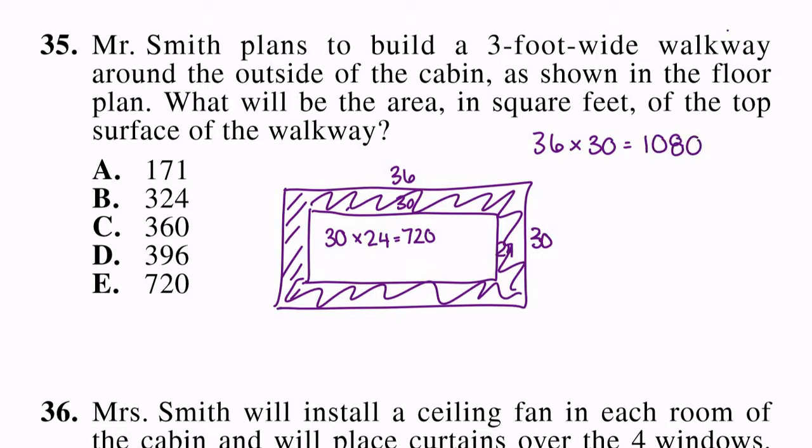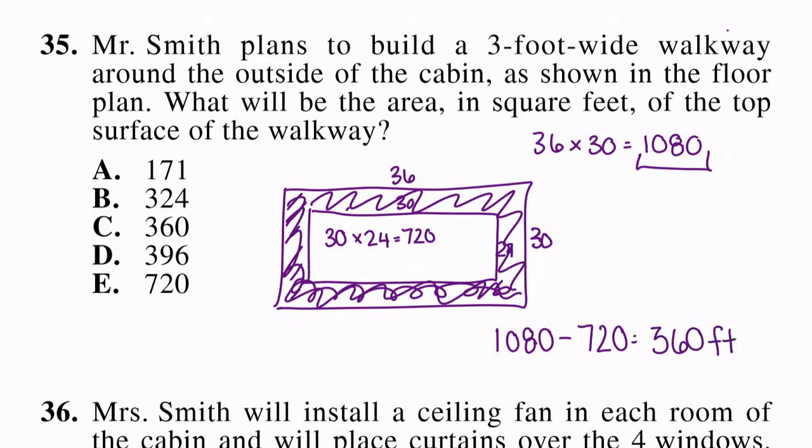So to find the area of this shaded region, we want to take the total area of this large rectangle and subtract the area of the smaller inside rectangle. So we will do 1080 minus 720, which gives us 360 feet squared, which matches answer choice C.